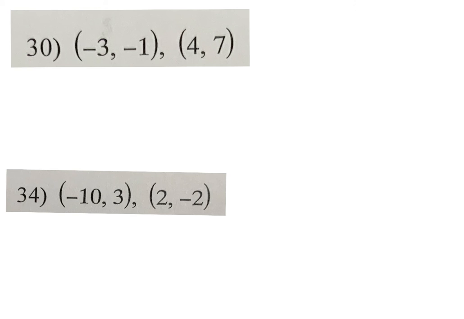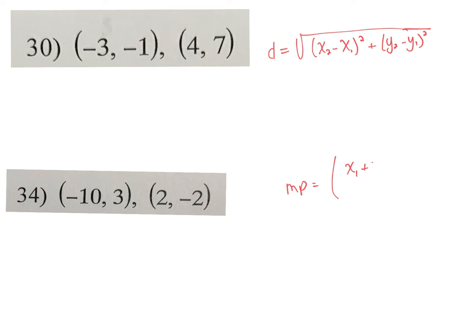Your distance formula is very similar to your Pythagorean theorem because it is based on that. You do need to know this formula. And then your midpoint formula is just adding them up and dividing by 2. So your distance is going to be one number.